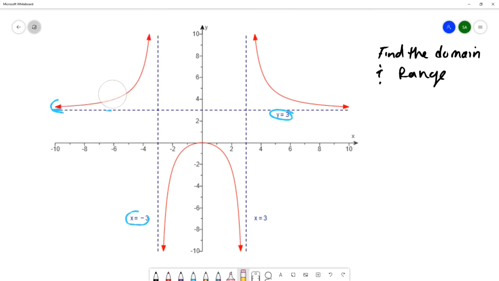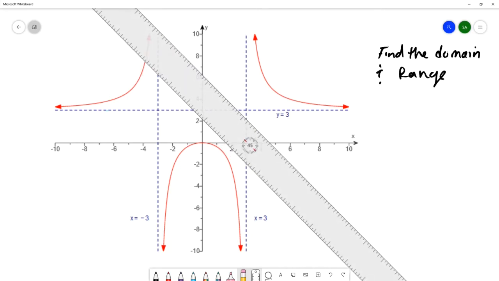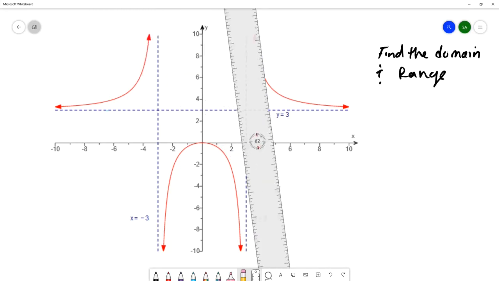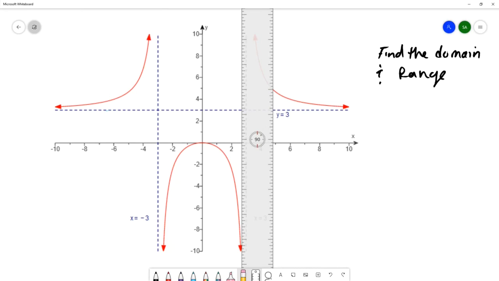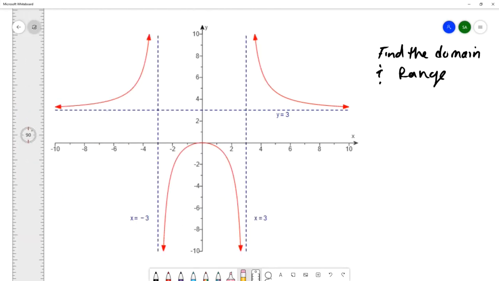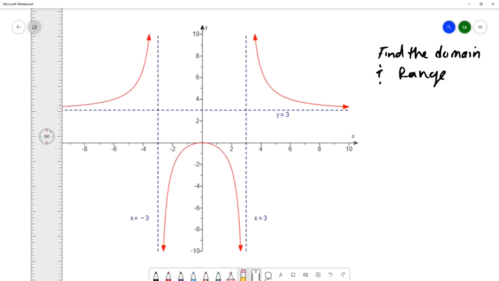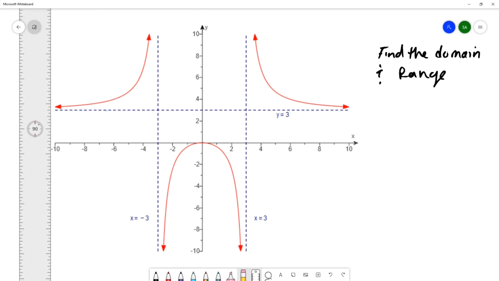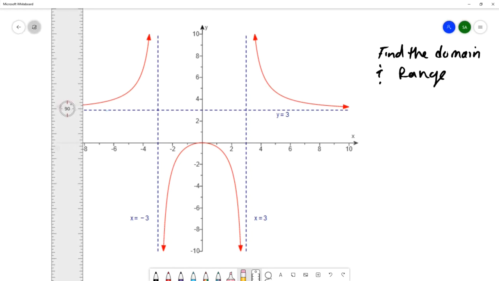And when I find domain and range from a graph, I typically use a strategy where I will take a ruler, and if you don't have a ruler, you can use a pencil or a pen. And I like to start holding that ruler vertically. When I'm holding the ruler vertically, I am pointing to a spot on the x scale.